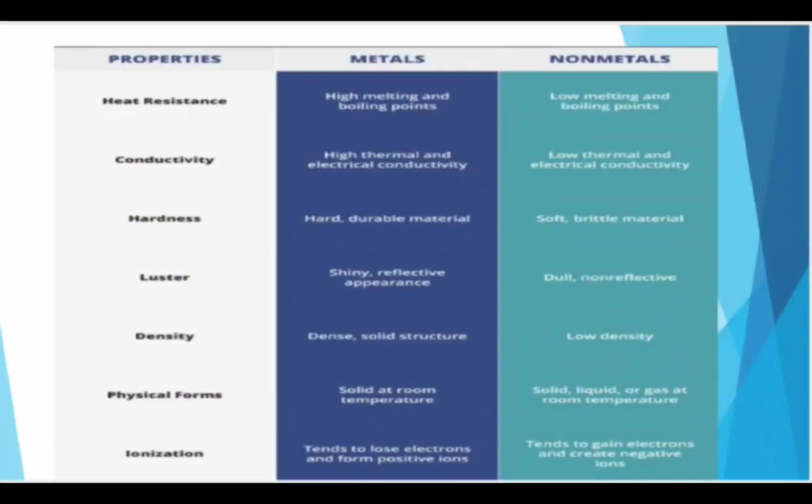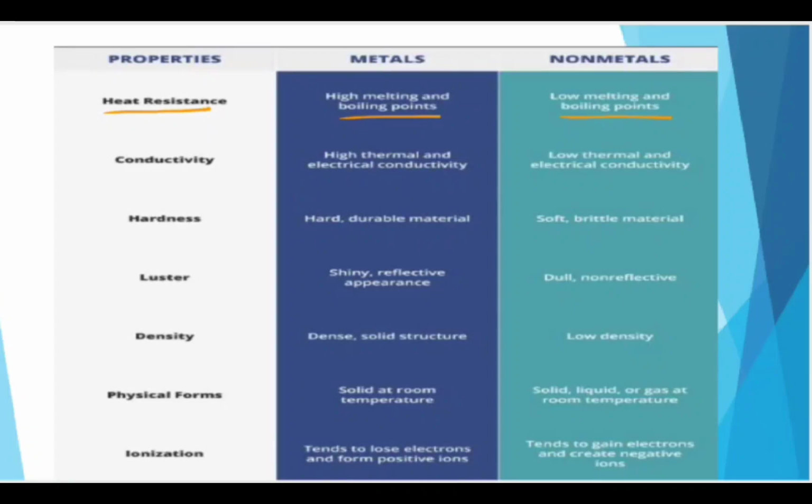Here you go. So metals: in terms of heat resistance, high melting and boiling point, and non-metals, low melting and boiling point. They easily melt, whereas metals don't melt easily. They require higher temperatures.